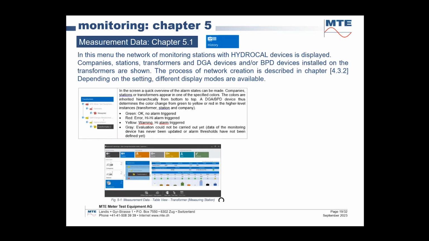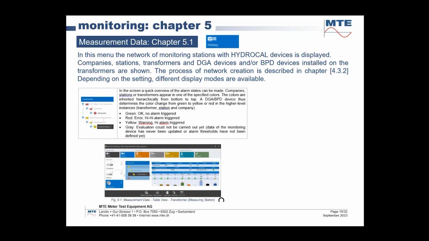a different possible view, like a map view, like a tree view, like a table view. And what is also very nice and very useful for our customers is having a quick overview of the alarm status with different colors.